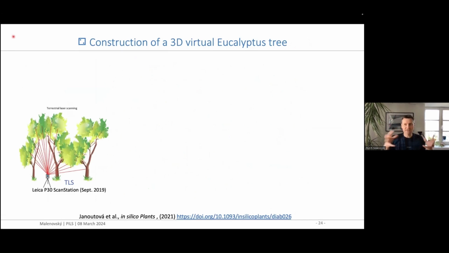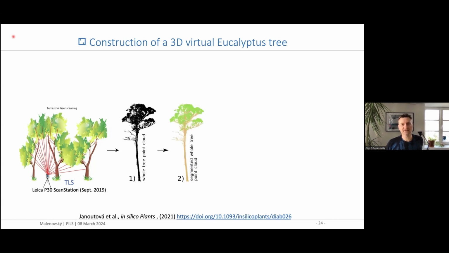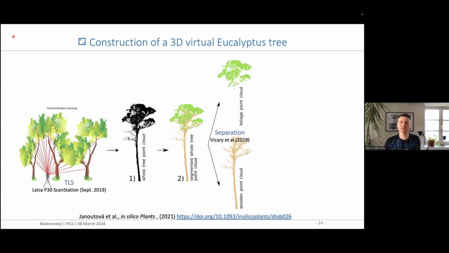How did we create the trees, which we need for scaling, and their structure? We need to put in the trunks, and we need to put in the leaves, with the right leaf area index and the right leaf angularity. That's how we include the structural component. We used terrestrial laser scanning. We scanned a few trees, whose point clouds were split between foliage and wooden points.